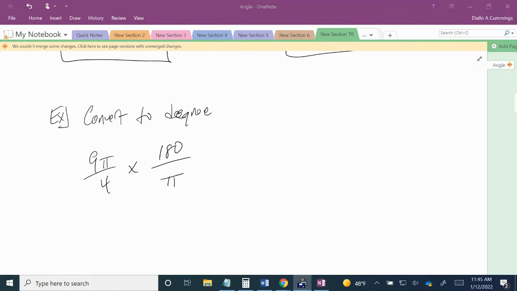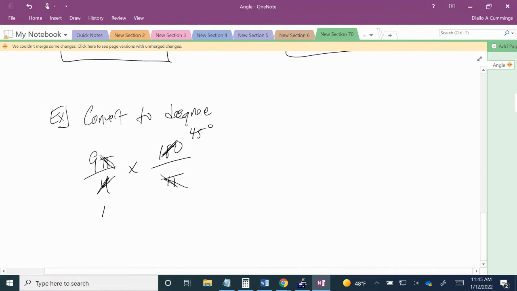So notice when we convert, we can actually cross cancel. Notice that the pi's will cancel. I can actually reduce 180 and 4. I can divide both of those by 4. 4 divided by 4 is 1. 180 divided by 4 is 45.